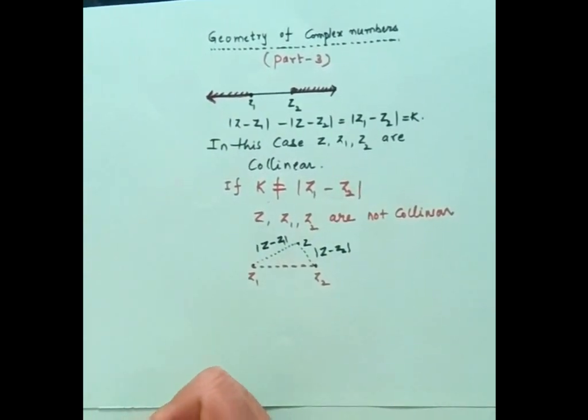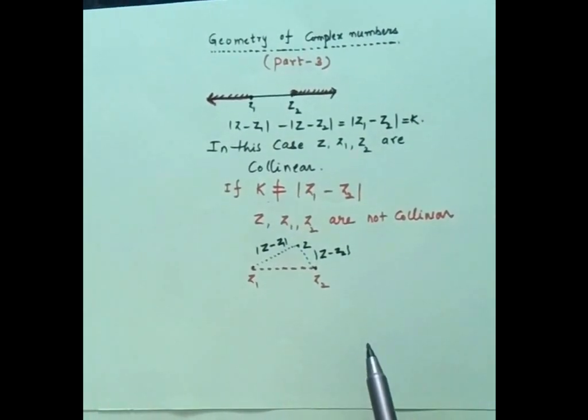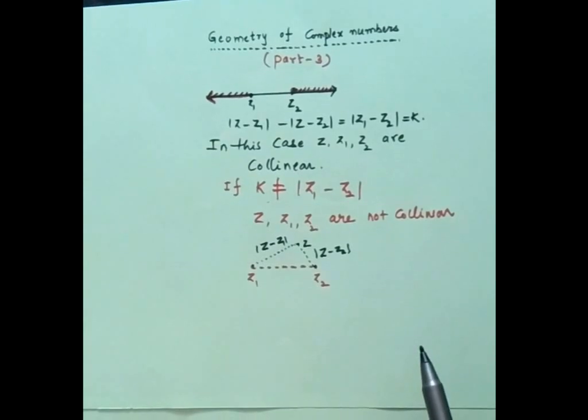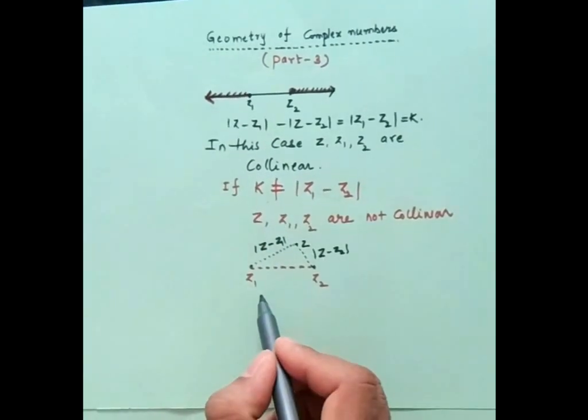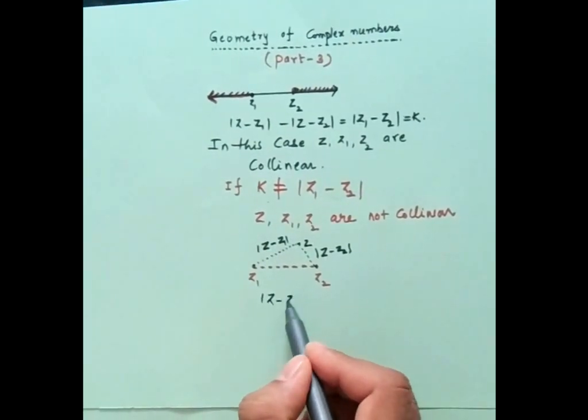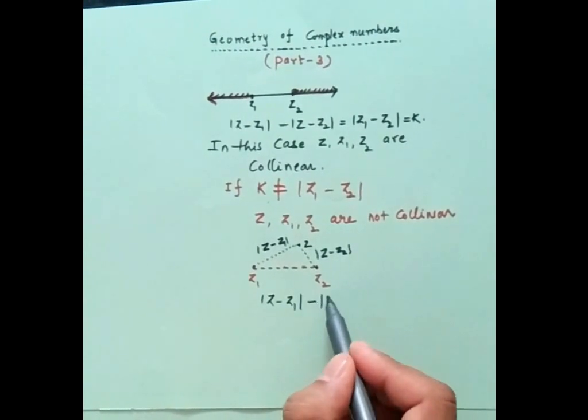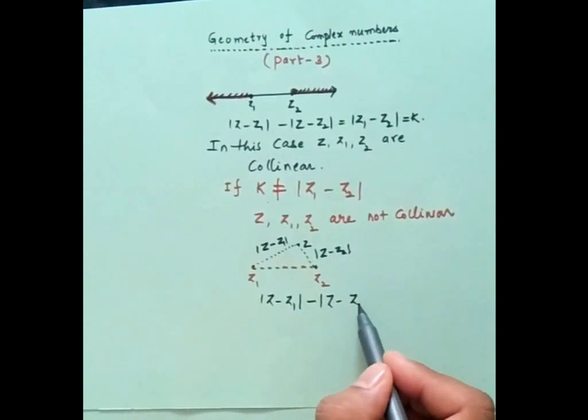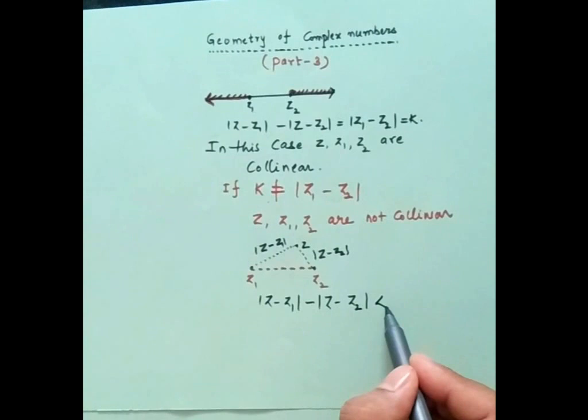So we know a basic property of a triangle: the difference of any two sides is less than the third side. Therefore modulus of z minus z1 minus modulus of z minus z2 should be less than the third side.